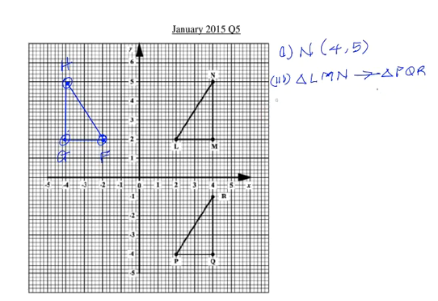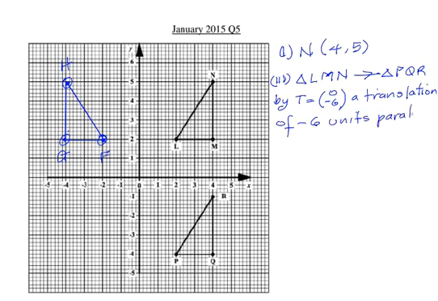So by T, which is 0 minus 6, and this is a translation of minus 6 units parallel to the y-axis.